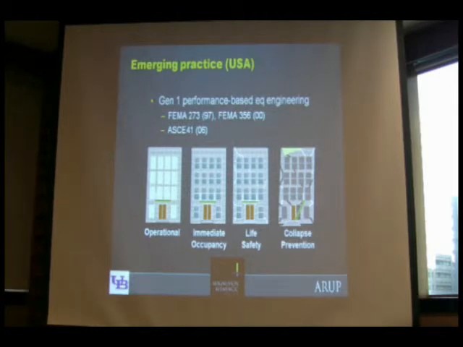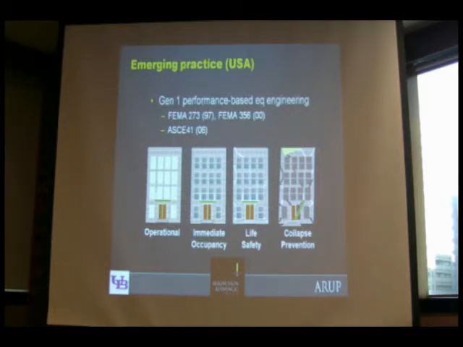But with our Generation 1 performance-based earthquake engineering, we identified multiple performance levels. The performance levels are shown here in a cartoon form, ranging from operational all the way through to the point of incipient collapse. Now, in years past, we've focused on this third performance level, namely life safety, where we're looking at building performance associated with no significant loss of life.